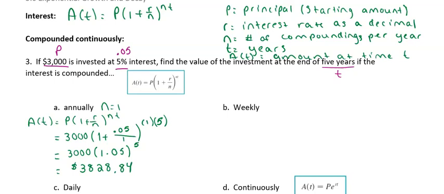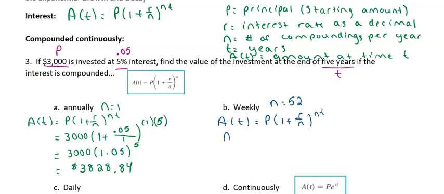Well, weekly means that the number of compoundings would be 52 because there's 52 weeks in 1 year. So we'll start off the same way. We have our amount at time t is going to look like our principal times (1 plus r over n) raised to the nt.